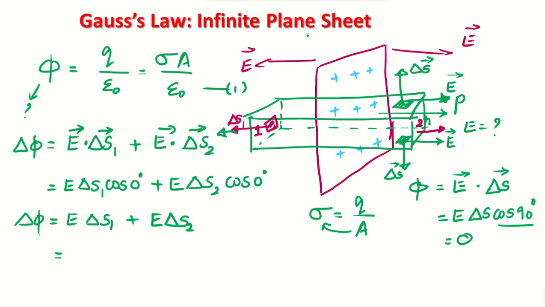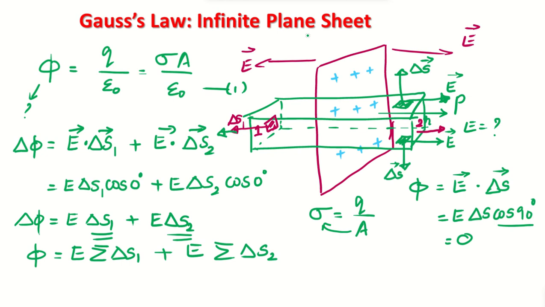So E is common, but delta S1 and delta S2 they both are actually going to be same. So here we are going to take flux, total flux E sum over delta S1 plus E sum over delta S2.